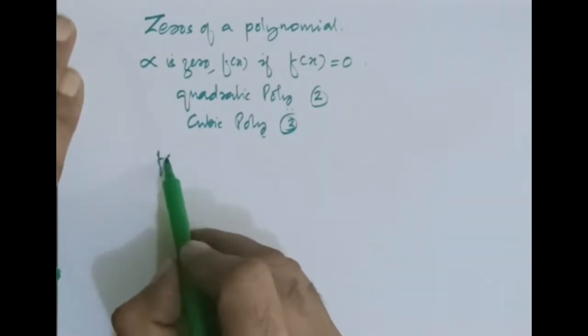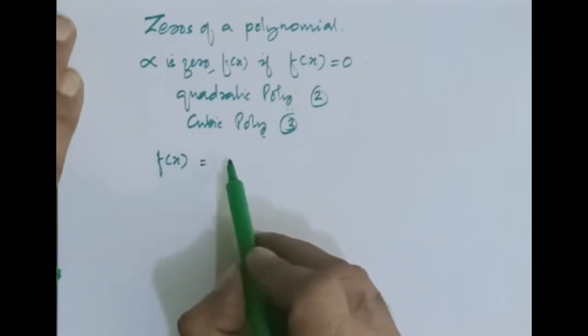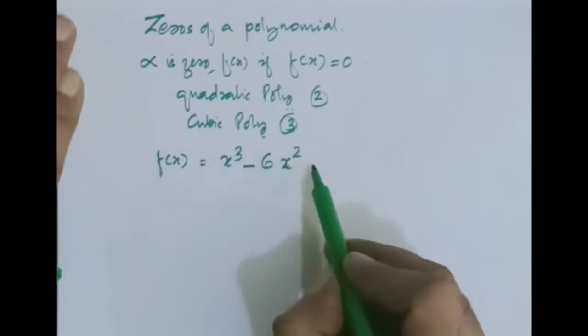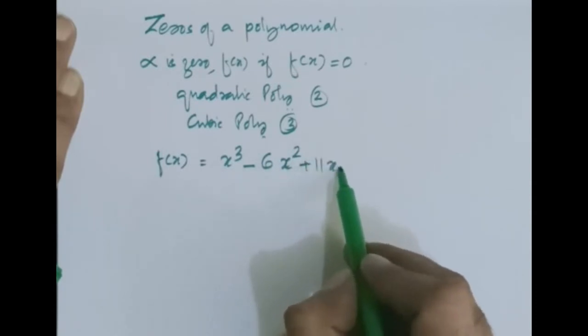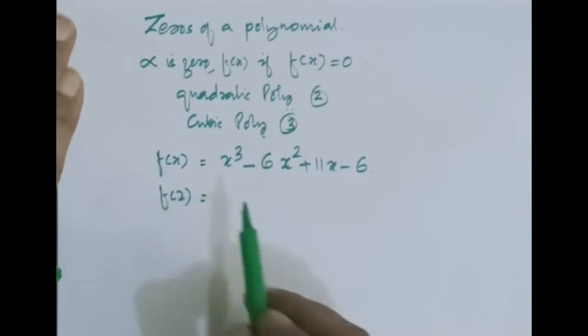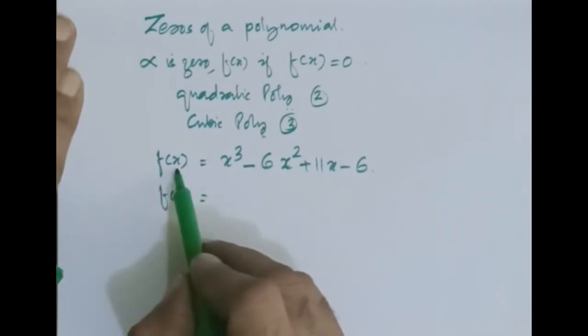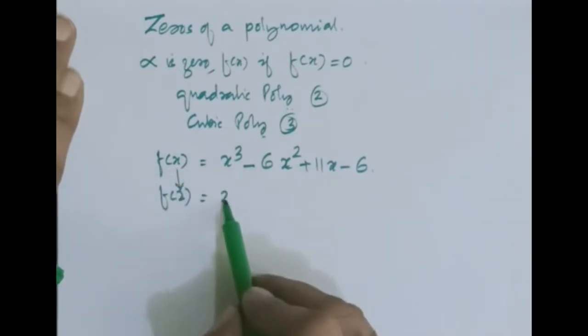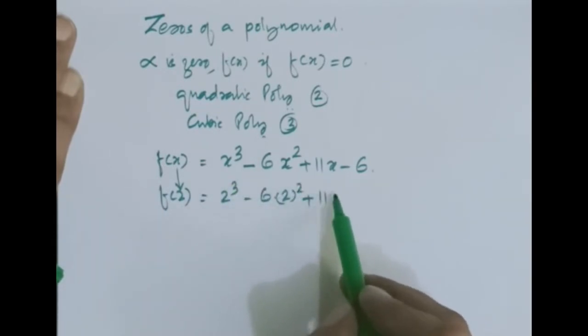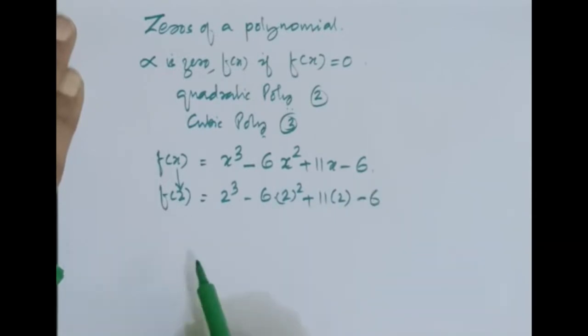Let us have an example. Let f(x) equal x cube minus 6x square plus 11x minus 6. Find f(2). That is, x will be replaced by 2. That is 2 cube minus 6 into 2 square plus 11 into 2 minus 6. What is 2 cube?